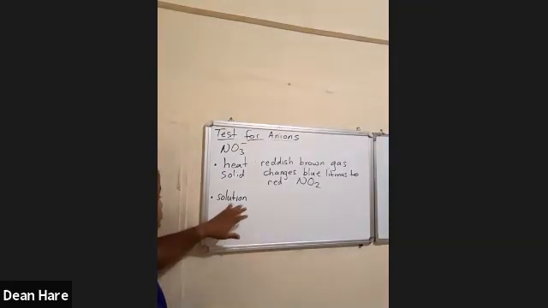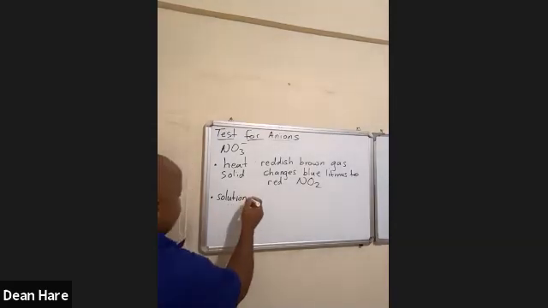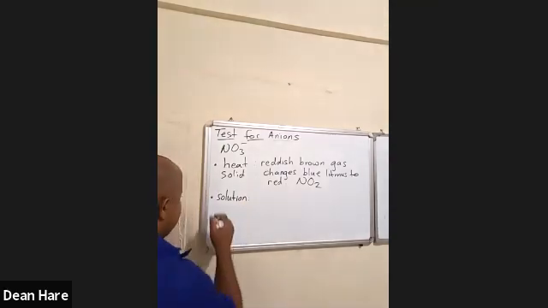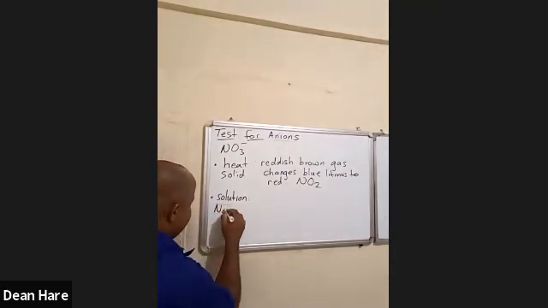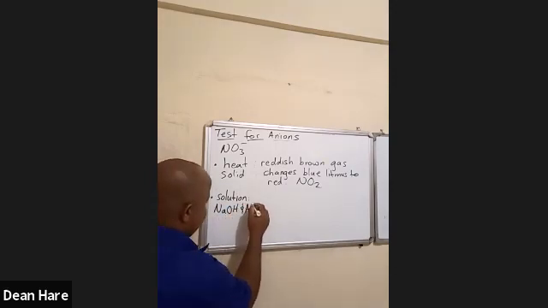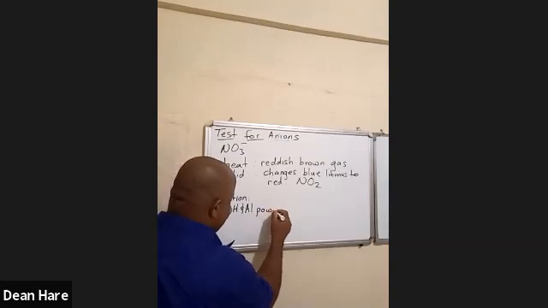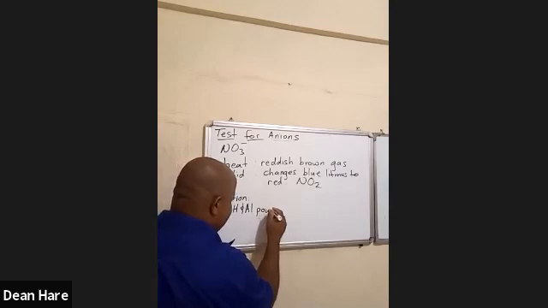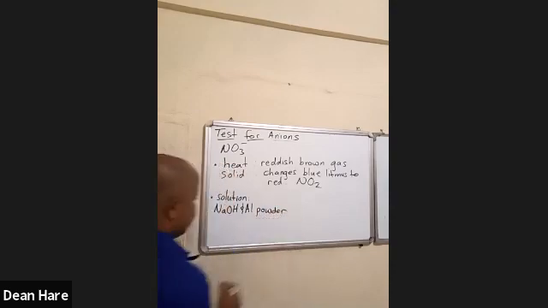If you have a solution of the nitrate, again, the reagents are the clue. This is sodium hydroxide and aluminum powder, or any form of aluminum metal. So aluminum foil, possibly.